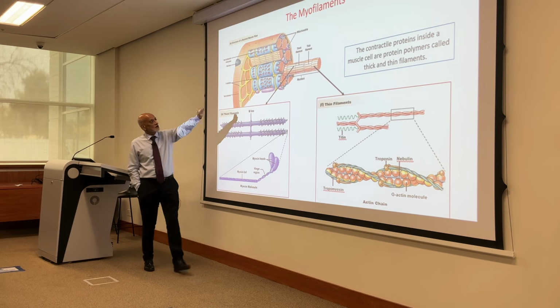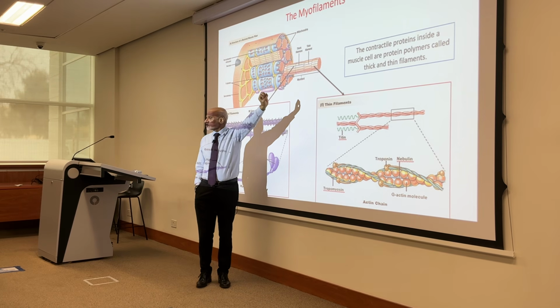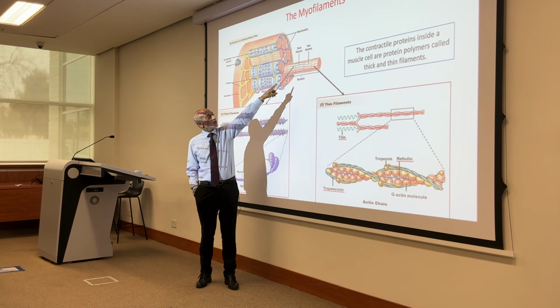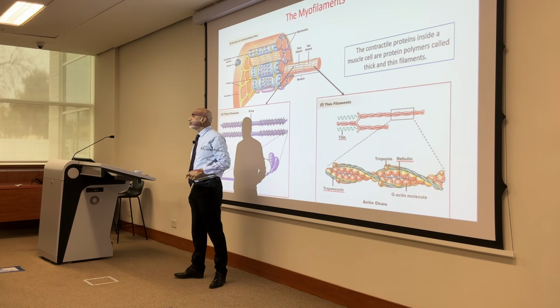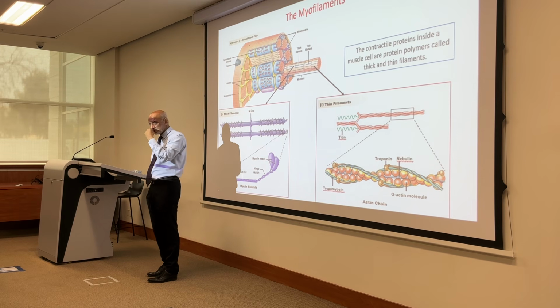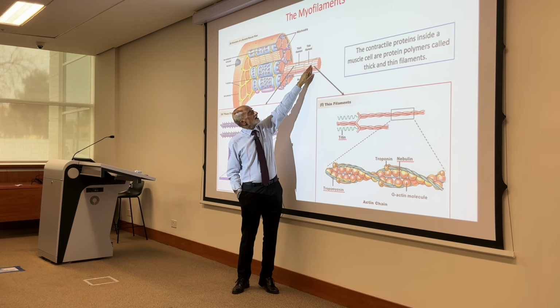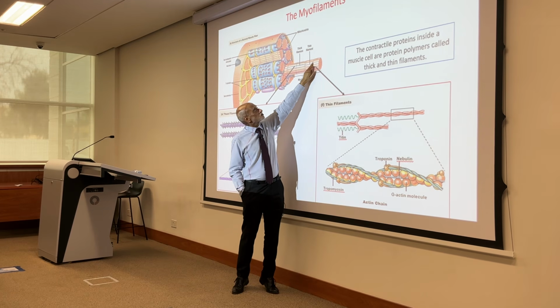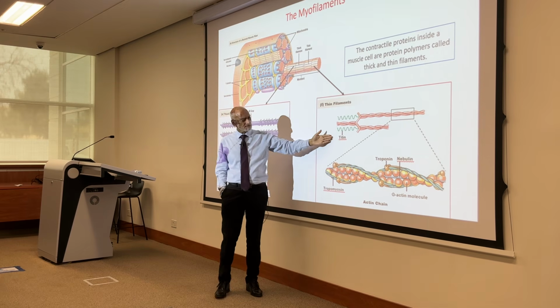Okay, so now if you look at the chocolate-filled wafer, there we are, and it's made up of these myofilaments. Myofibril, myofilament. The protein is a myofilament, and if you look at the myofilament now, these ones that are attached to the Z-looking structure, or the Z line, is actin.